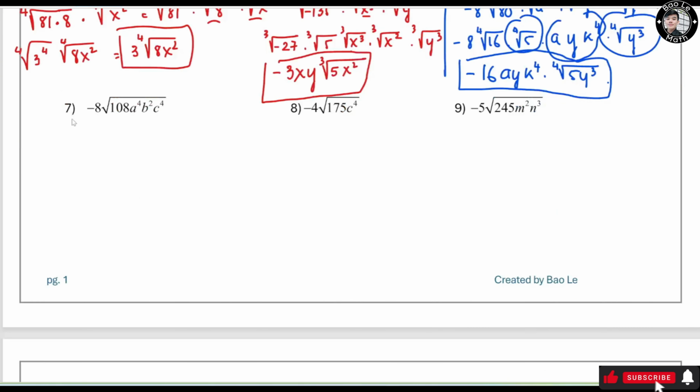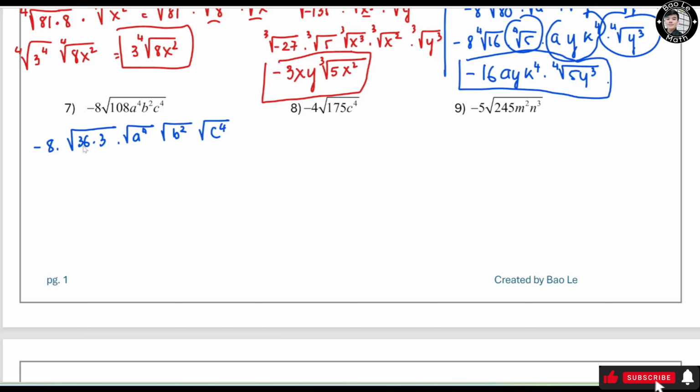Now question 7. We do exactly the same thing as question 6, right? So it's going to be negative 8 times square root of 108 can be written as, and it's going to be square root of a to the 4, square root of b squared, and square root of c to the 4, right?